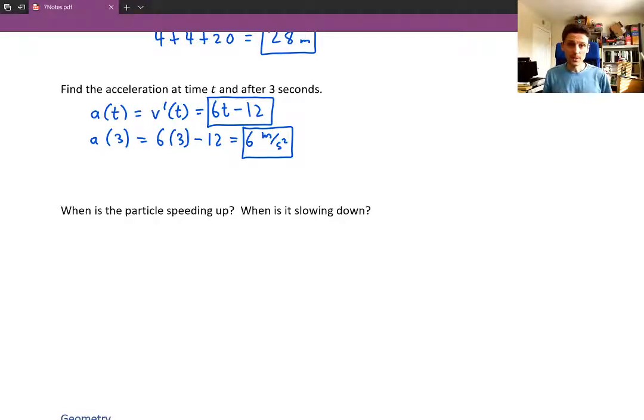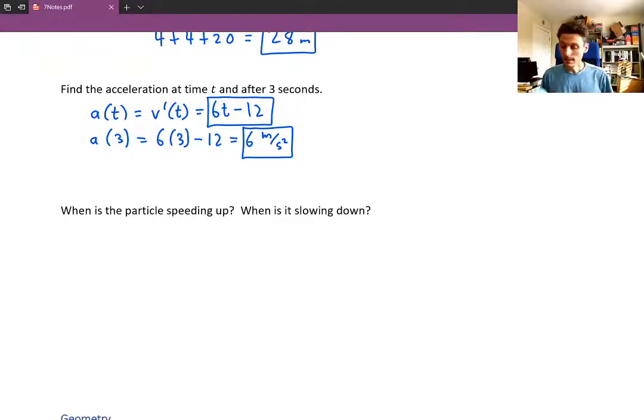Another case where you could be speeding up is if the water droplet here is moving in the negative direction and acceleration is negative. That's going to again push the droplet to move faster in the negative direction. So in summary, the droplet or the particle in general is going to be speeding up when the velocity and acceleration have the same sign, either both positive or both negative.